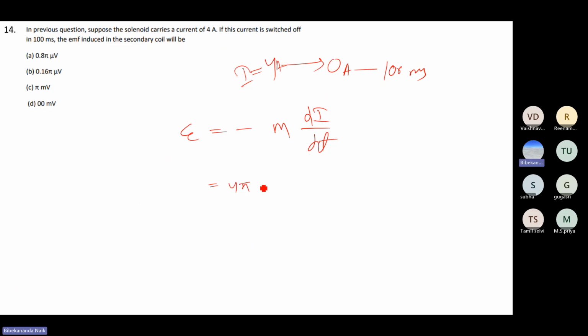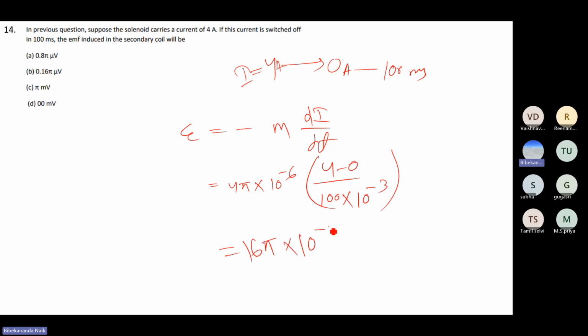M is 4 pi into 10 to the power minus 6. I is 4 minus 0 divided by 100 into 10 to the power minus 3. So if we calculate it, it will give 0.16 pi into 10 to the power minus 3 volt or 0.16 pi millivolt. It will be the correct answer.